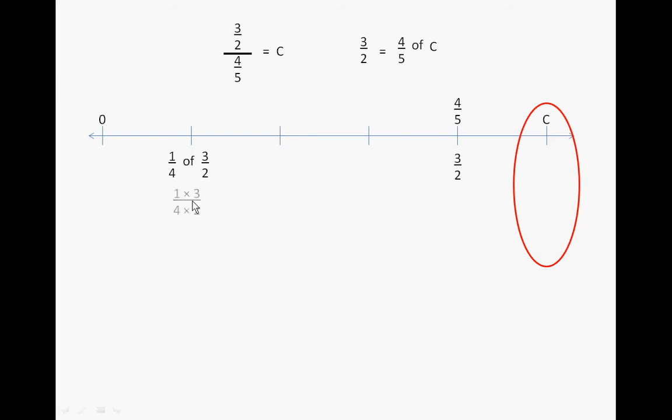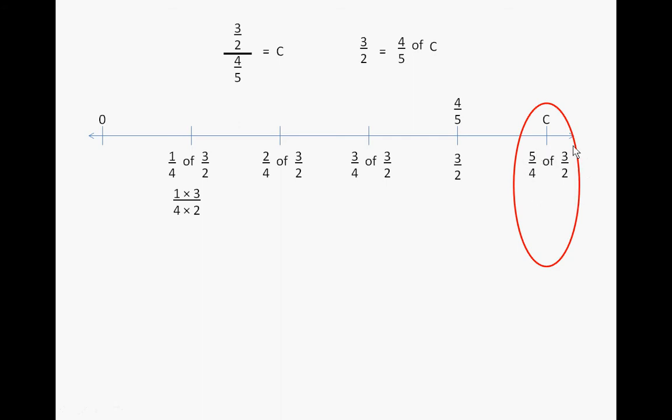And again, you can write that as 1/4 times 3/2, which means the next partition is 2/4 of 3/2, and the next one is 3/4 of 3/2. I'm skipping this one, but this would be 4/4.